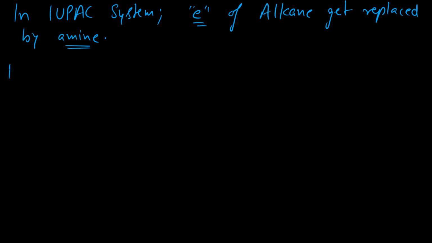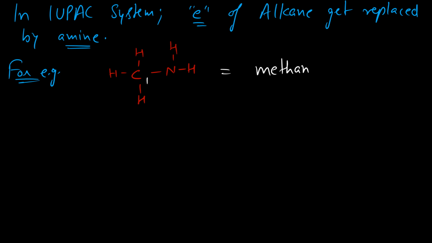For example, if I have CH3 along with NH2, how do I write its name? As I have only one carbon, I can write it as methane, it should be only AN. And then for this, it's going to be amine. The E of methane gets replaced by amine.